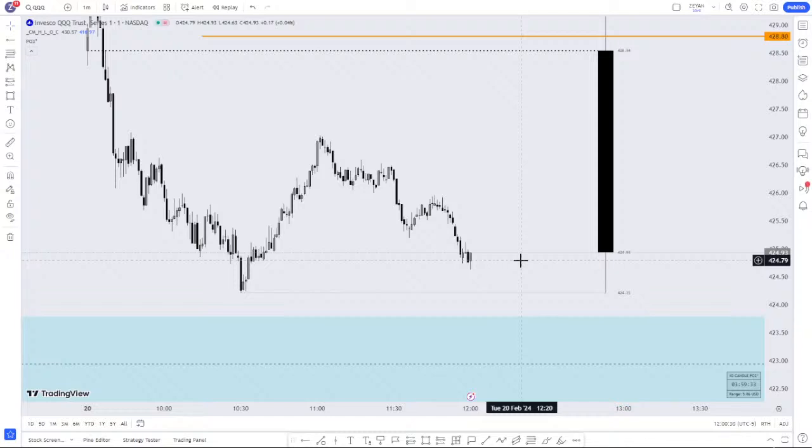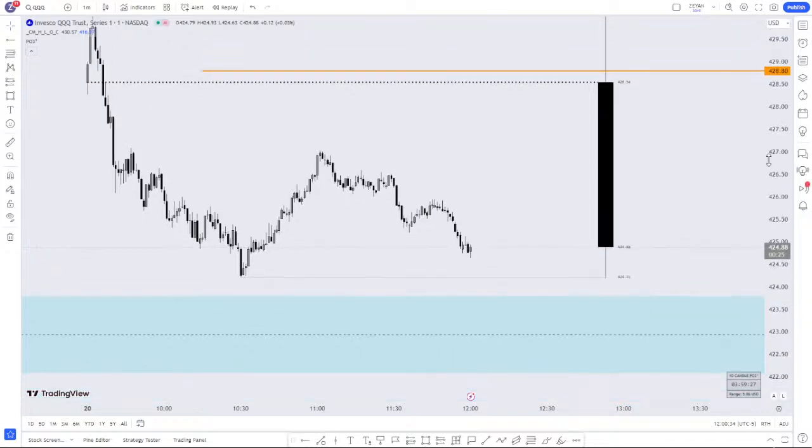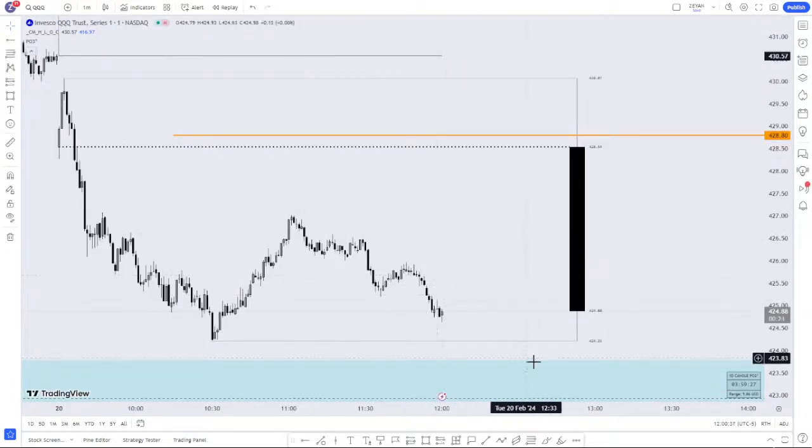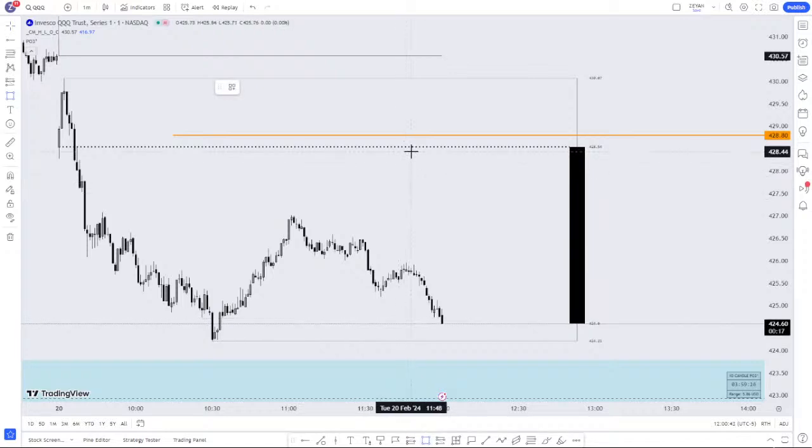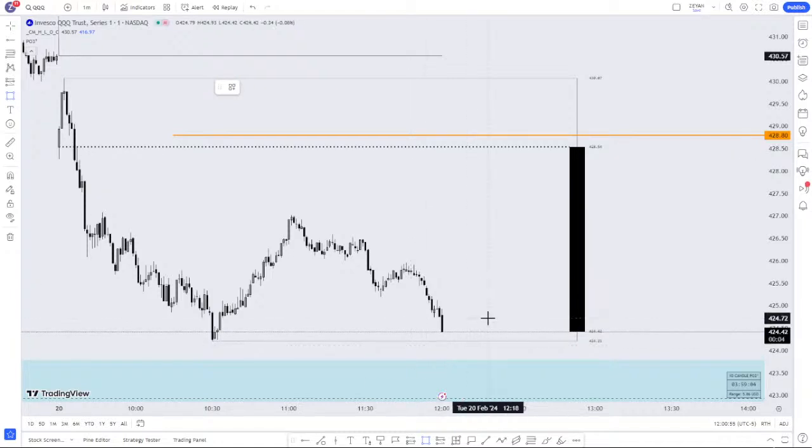And now we look at something interesting which is going to play out the whole day even if I'm gone. The reference point on the QQQ would be 427.43. See this?